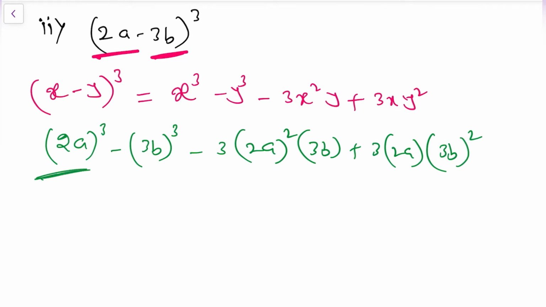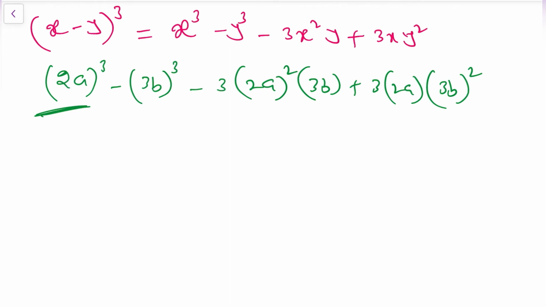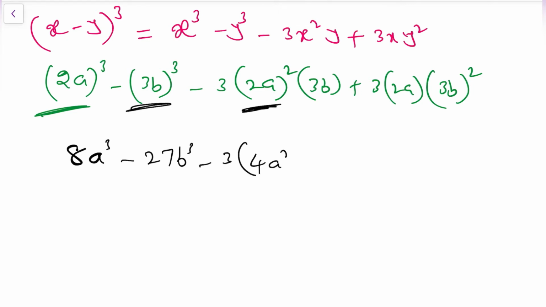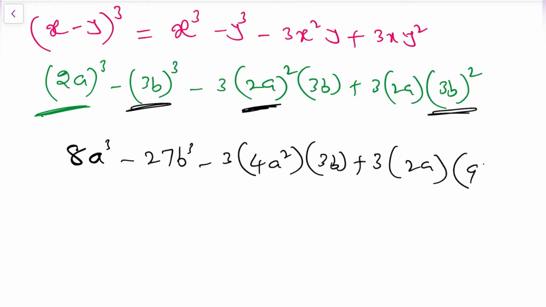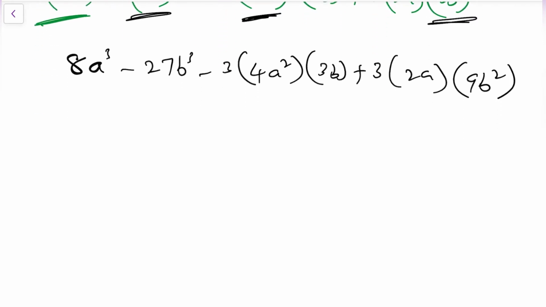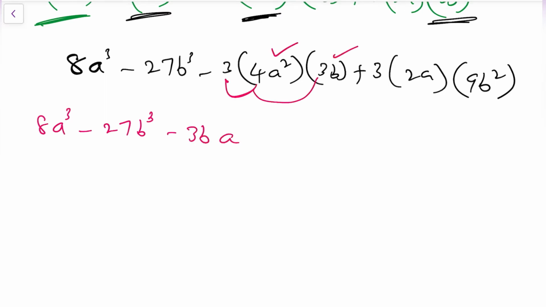If we simplify one by one, (2a) whole cube, 2 cube is 8, so 8a cube, minus (3b) whole cube, 3 cube is 27, 27b cube, minus 3 into (2a) whole square, 4a square, into 3b, plus 3 into 2a into (3b) whole square, 9b square. 8a cube we can't simplify further, 27b cube also we can't simplify further. 3 4s are 12, 12 3s are 36, a square b, plus 3 2s are 6, 6 9s are 54, ab square.